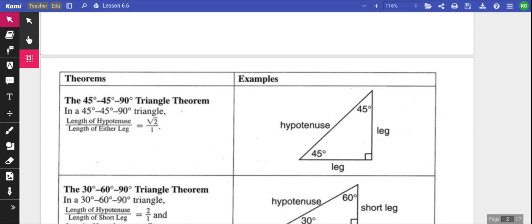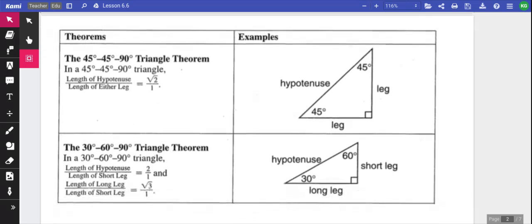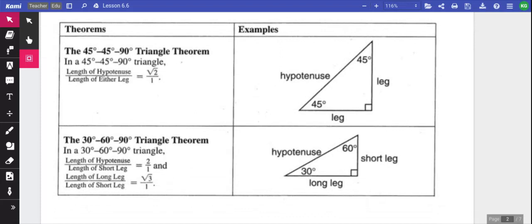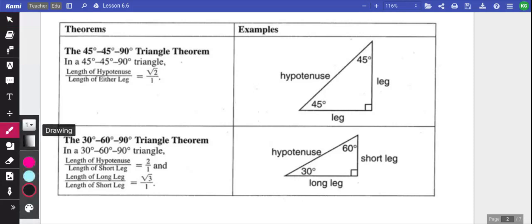So we have two special triangles that we're going to be discussing in this lesson: the 45-45-90 triangle and the 30-60-90 triangle. When we have a 45-45-90 triangle, remembering the isosceles triangle theorem says that if the base angles are equal, then the legs are also equal.